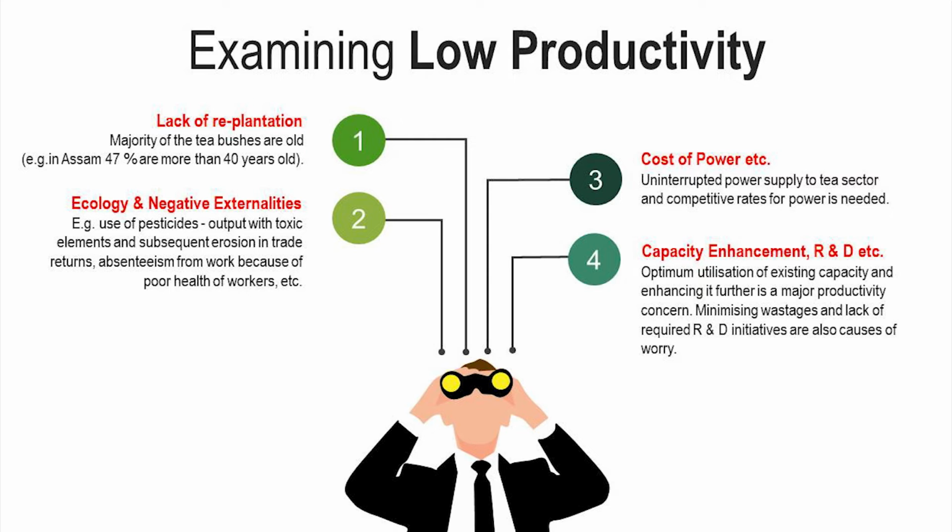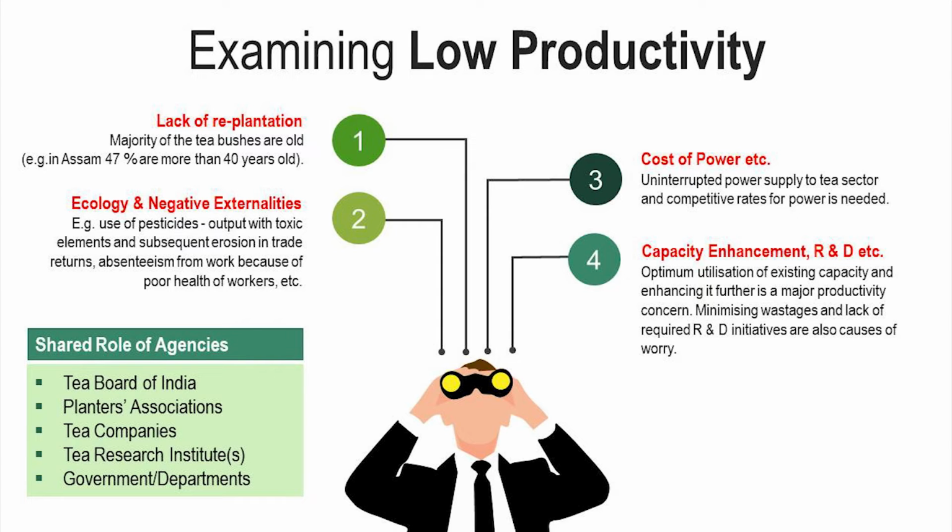of the sector. There are a lot of agencies involved in all these issues. We have Tea Board of India, we have Planters Association, we have tea companies, we have Tea Research Institute, and also government departments and government agencies, and the other CBOs.